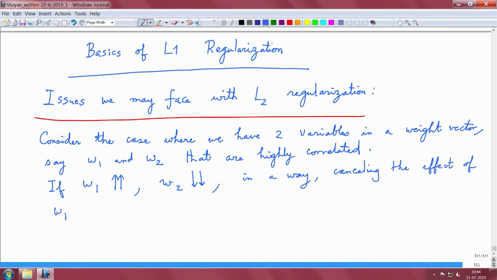I have two variables W1 and W2 within this weight vector that are highly correlated, and let us imagine that W1 increases and W2 decreases in a way which cancels the effect of W1.